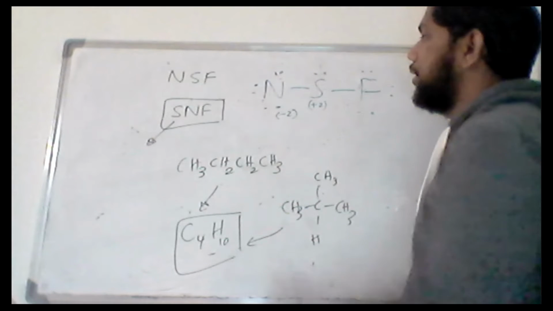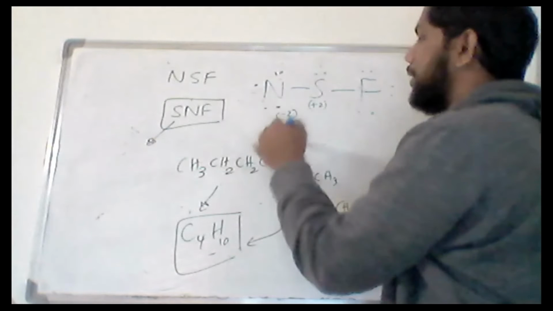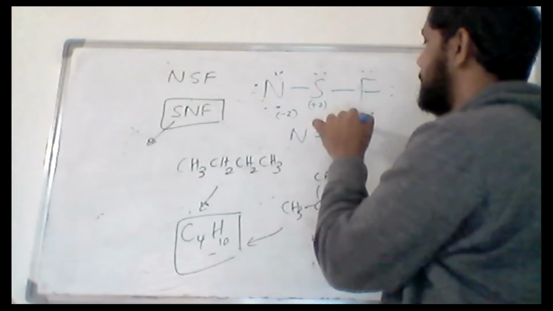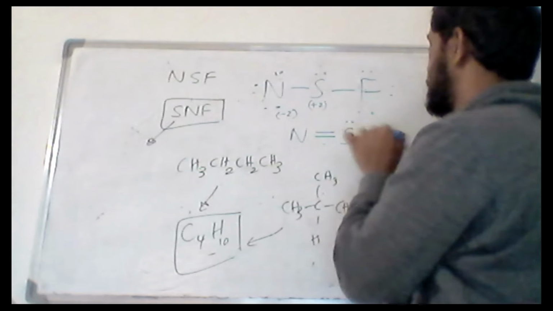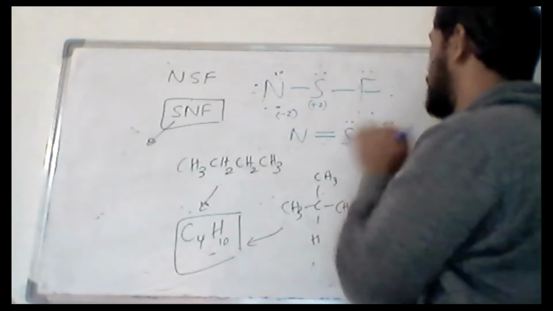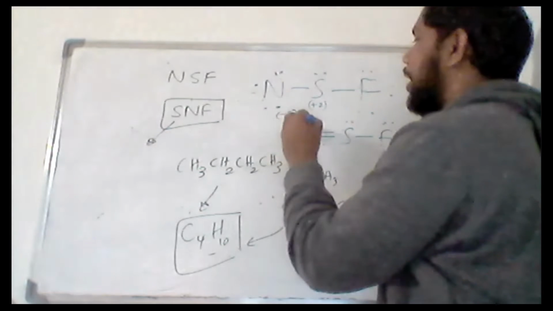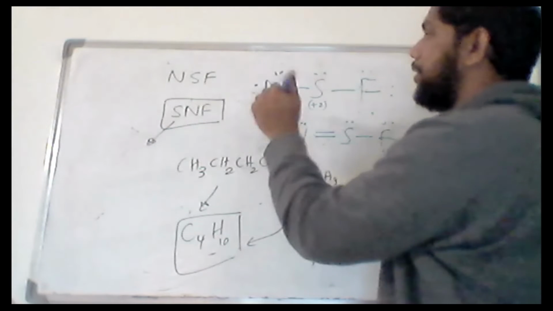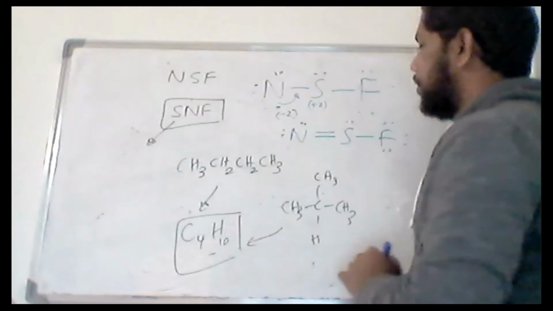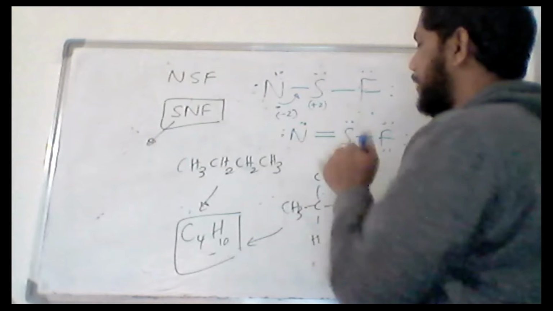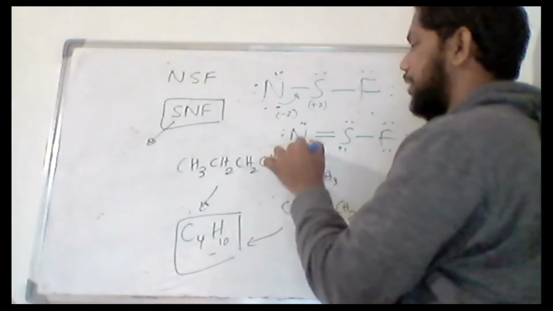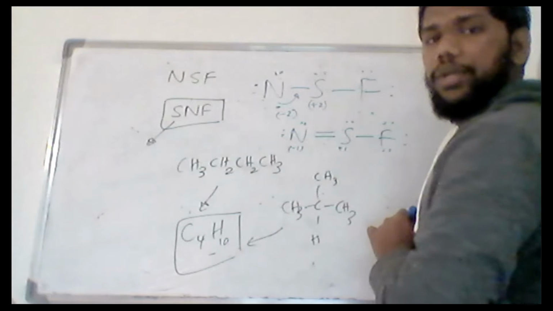How to do this? You can add these 2 electrons here. This will be still the same, no difference. You can just give these 2 electrons. So here, 1, 2, 3, 4, 5, it has a plus 1. Here, 1, 2, 3, 4, 5, 6, it has a minus 1. So what can you do?